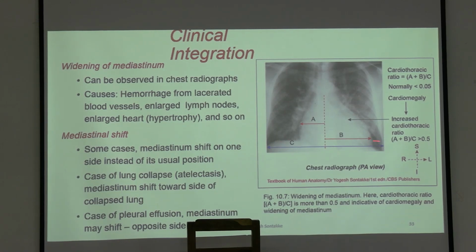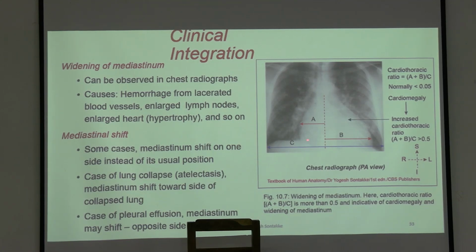When the diameter of the heart is more than 0.5 of the thorax, we can say there is some widening of the mediastinal shadow. This is the whole mediastinal shadow we can find in X-ray.